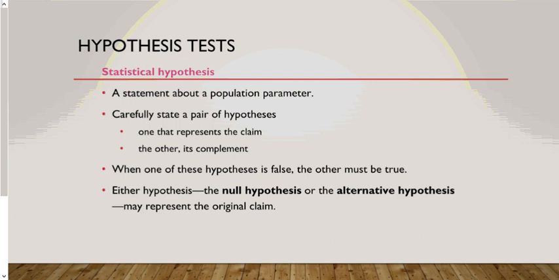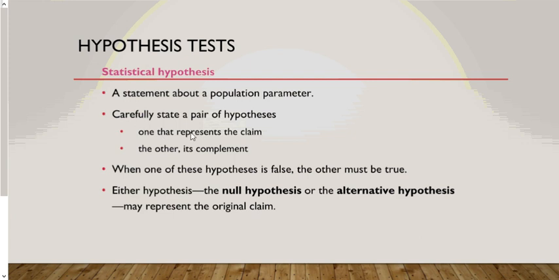So what we're going to do is make a statement about the population parameter. In this case, we're going to be talking about the mean. Remember, the parameter comes from the population, so we'd be talking about mu in the case of the average gas mileage. And our hypotheses, there's going to be two of them.